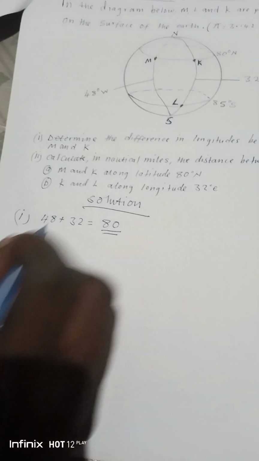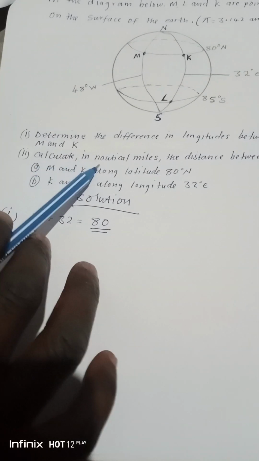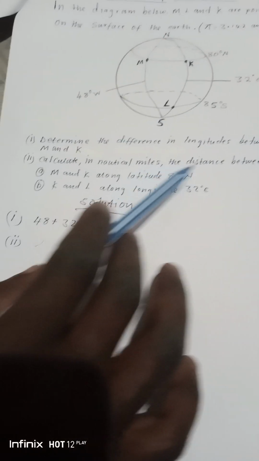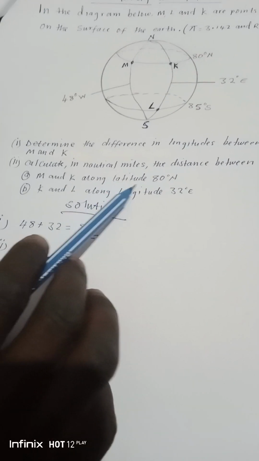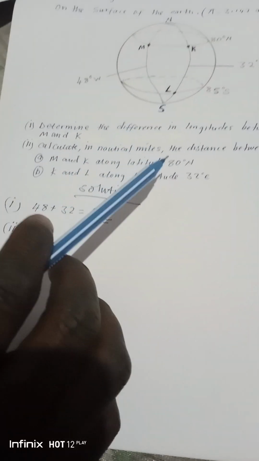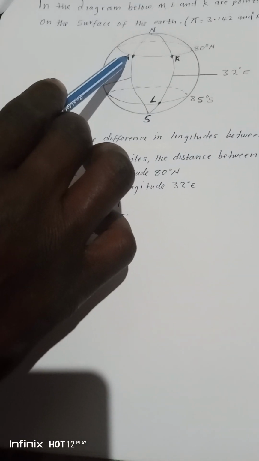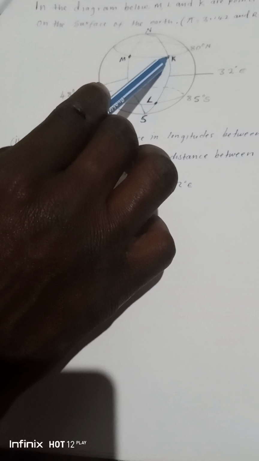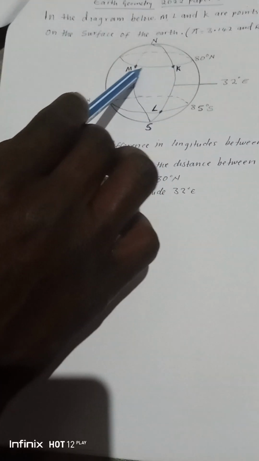Question number 2, which is bullet 2, where they say calculate in nautical miles the distance between M and K along latitude 80° north. So here we are calculating the distance between 2 points, point M and point K. Our main interest is just this distance from here up to there.